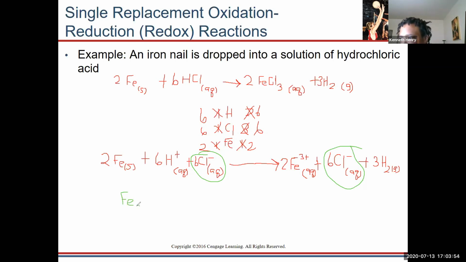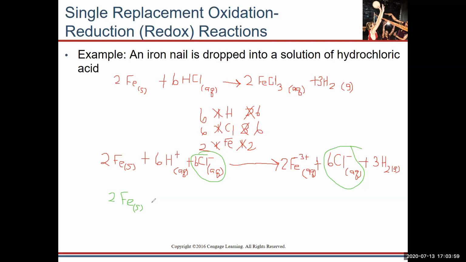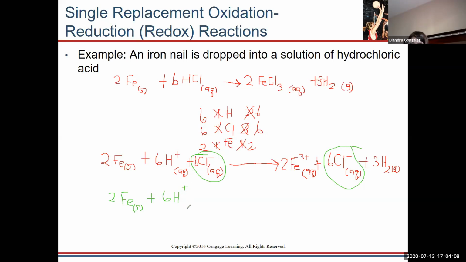So it'll be Fe solid plus 6H plus aqueous yields 2Fe 3 plus plus 3H2.